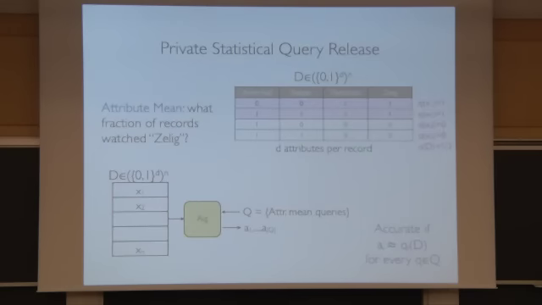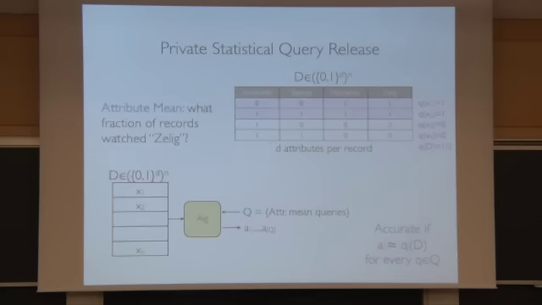When I was talking about attribute means, what I really wanted was some algorithm that takes a set of queries and spits out a sequence of answers. And I want that for every query in my set big Q, the corresponding answer is close to the true answer. The queries had a very simple form, like, what fraction of people watched the movie Zelig?